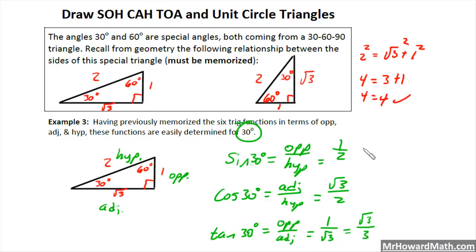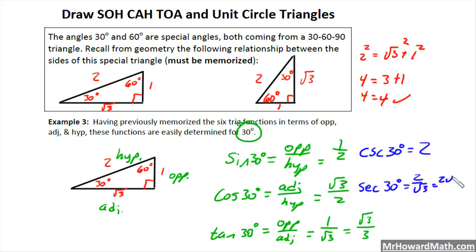And let's see, we want all 6 here. So the reciprocal of sine theta, we'll use another color, is cosecant theta. In this case, cosecant 30 degrees would be 2 over 1, or just 2. It's just the reciprocal of that. Reciprocal of cosine is secant, so secant of 30 degrees would be 2 over square root of 3.